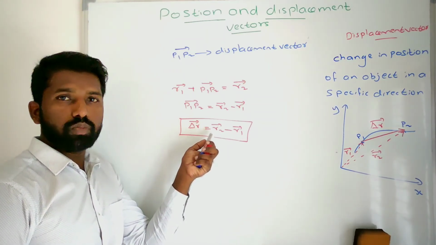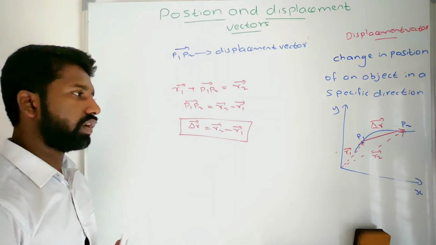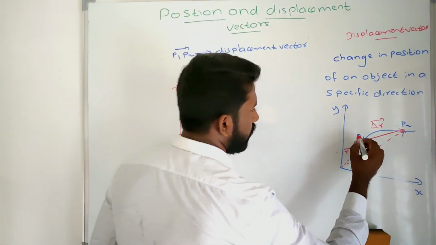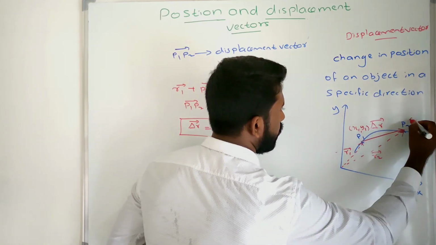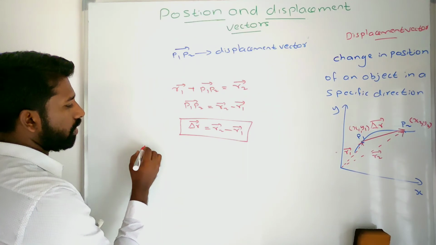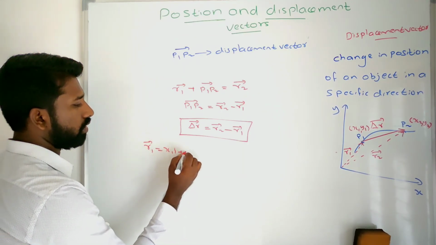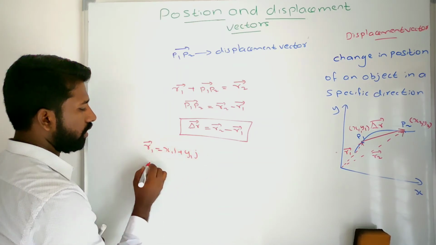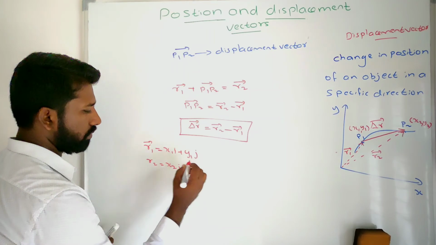If P1 is (x1, y1) and P2 is (x2, y2), then the R1 vector is equal to x1i plus y1j, and the R2 vector is equal to x2i plus y2j.